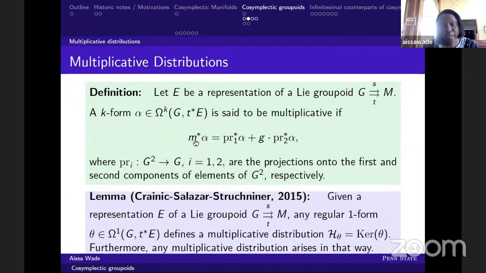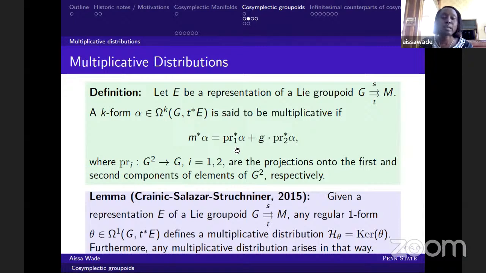If I take M, the multiplication on my Lie groupoid, and I take alpha, these are just one forms with values in this bundle, the pullback of the vector bundle E. So this is the usual notation. Here PR1 is the projection onto the first component of G2, and here the projection onto the second component of G2.